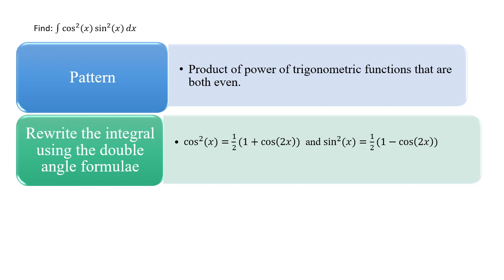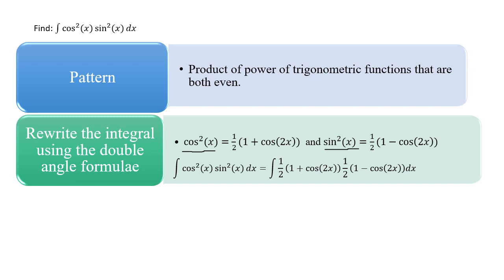That's why it's called a double angle, because you see this is x, and in there is twice the angle, 2x. So basically, we're going to be replacing cosine squared and sine squared by their expressions with the double angle. So we replace cosine squared x by this and sine squared x by this.